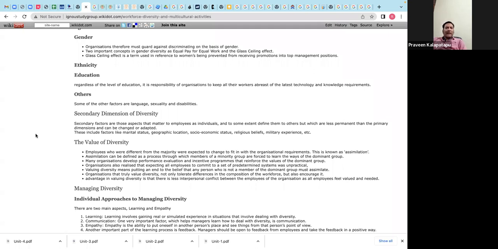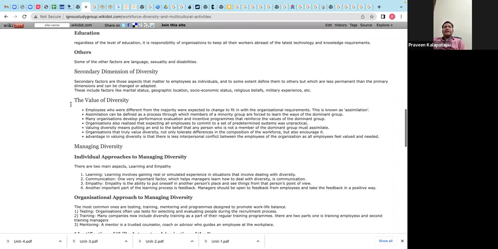Then comes the value of diversity. This is one of the questions which came in. There is a concept called assimilation. What is assimilation? Suppose you are an organization and the majority of your people are male, for example.